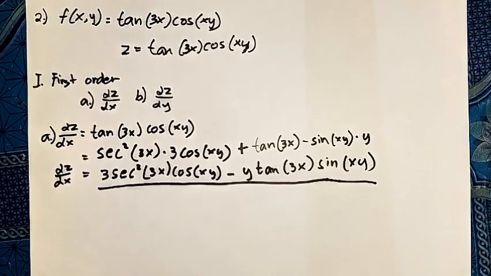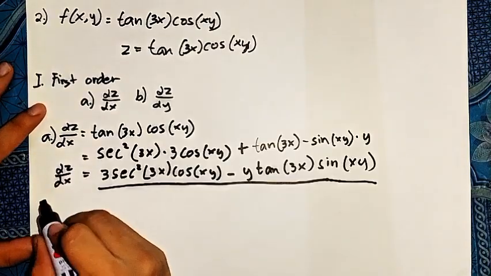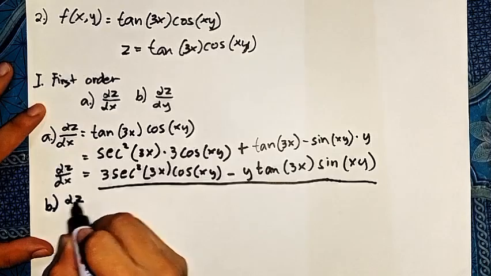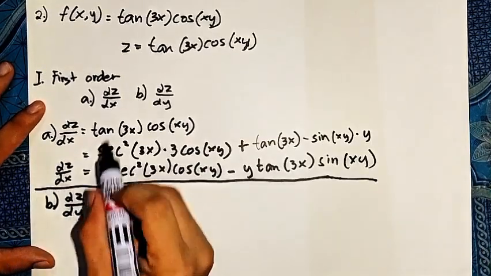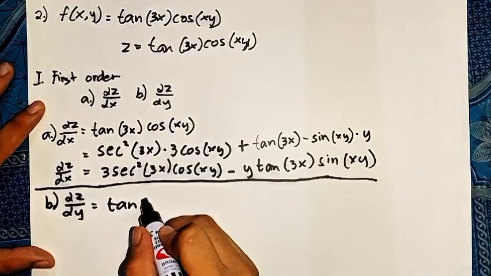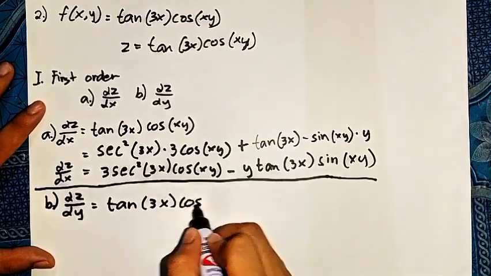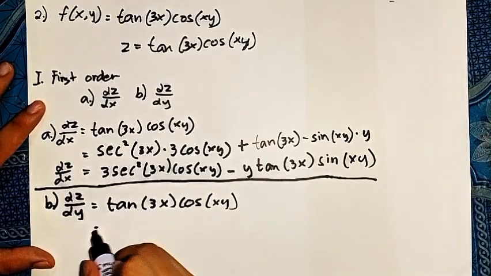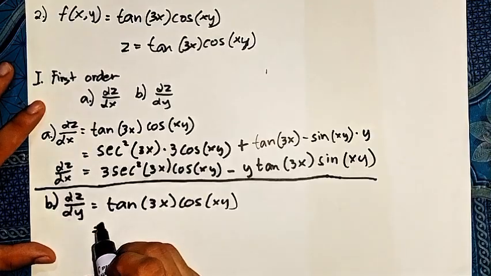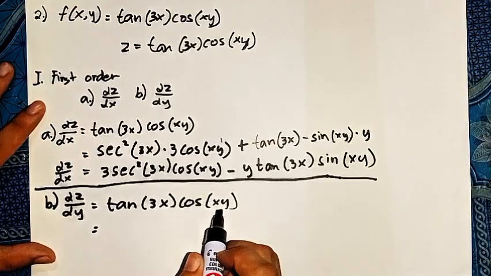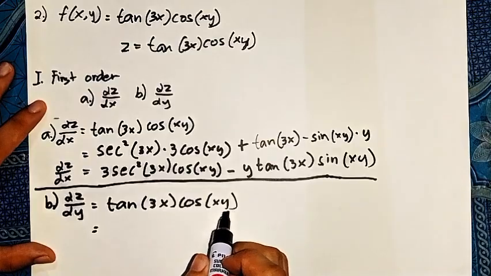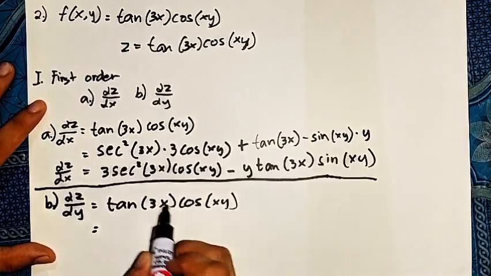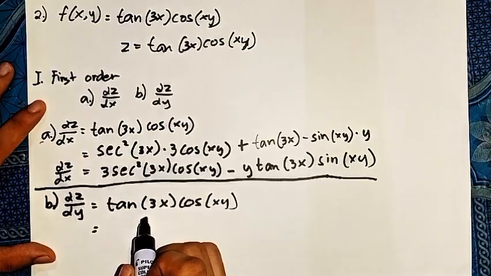Now how about our letter b, partial derivative of z with respect to y? Let's proceed. Partial z with respect to y. Let's copy again. We have tan 3x cosine xy. Now, as you can observe, only the cosine xy has y. So meaning, tan 3x is a constant.